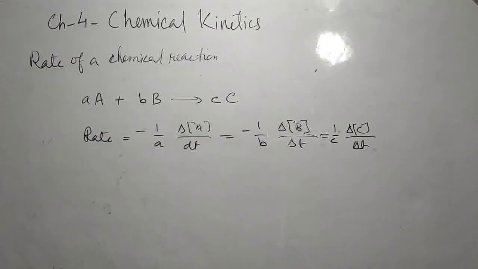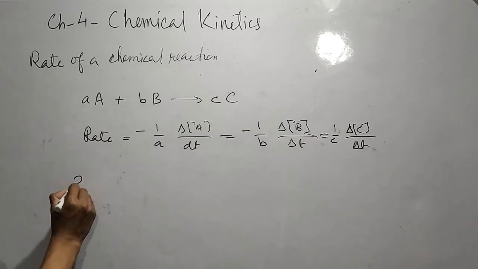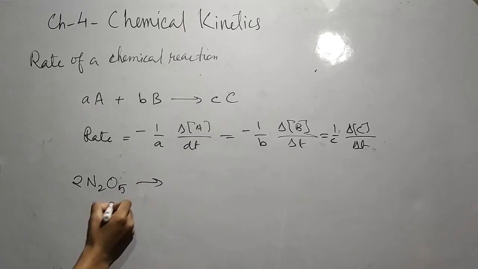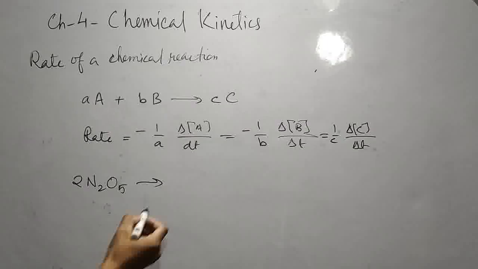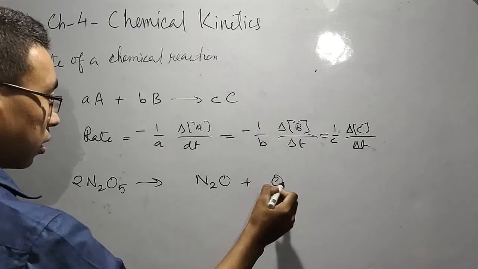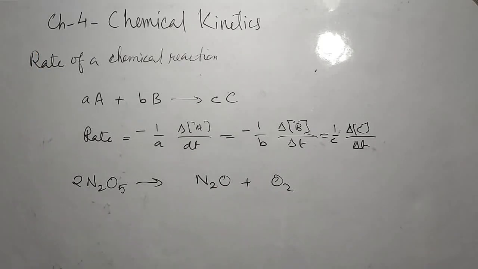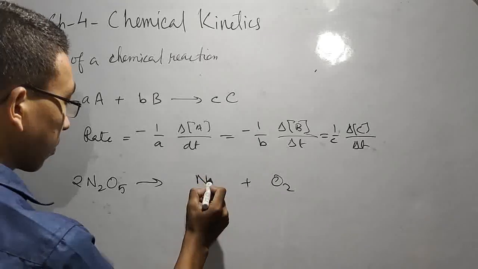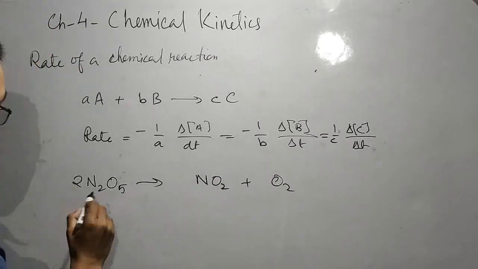Now I'll give you one task, so you try out that one by yourself. That is 2 N2O5 will give N2O plus O2. I think it's NO2. Yeah, NO2. So now you balance it.